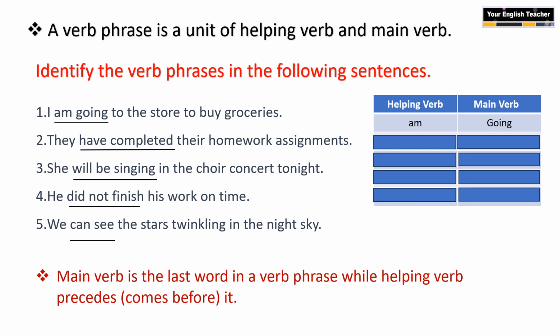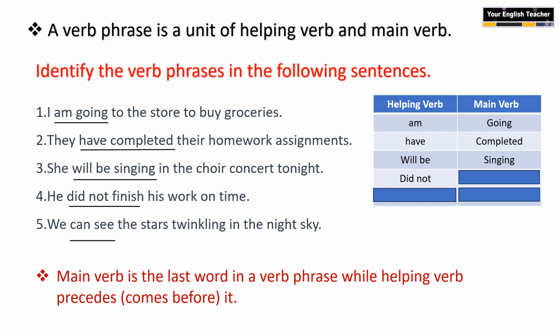In the second sentence, have, and the main verb completed. And in the third sentence, it is will be, and the main verb is singing. And the helping verb in the fourth sentence is did not, and the main verb is finish. And in the last sentence, yes, you're right, can is the helping verb and see is the main verb.